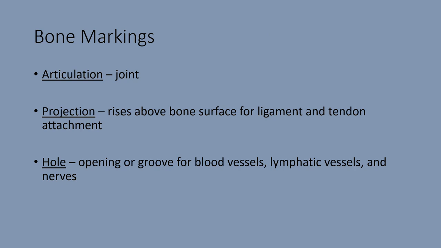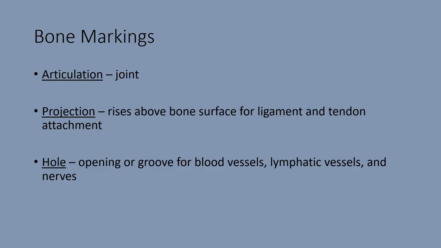Your book chapter has a little bit about bone markings. We tend to cover this more in the laboratory setting where you are going to be learning the names of the various bones. Just know that whenever we talk about articulations, that's a joint. It's just a fancy word for joint. And then we often talk about projections and holes. Projections are just any type of a marking on the bone.